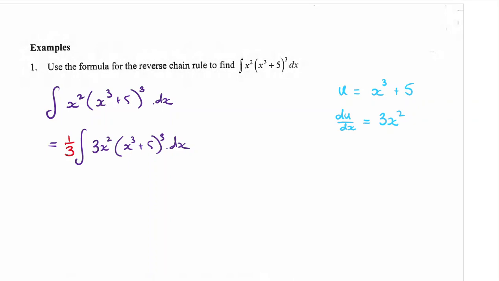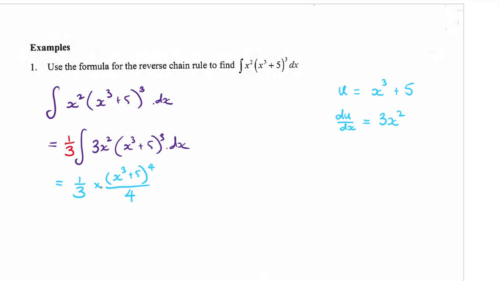Okay, so to do the reverse chain rule, the third is not a part of it, so it's sitting there. The derivative, because that's the right derivative, I'm going to chop that out now, I don't need it. I'm going to take this bracket, add 1 to the power and put it over the power. So it will be (x cubed plus 5), add 1 to the power is a 4, and put it over 4.